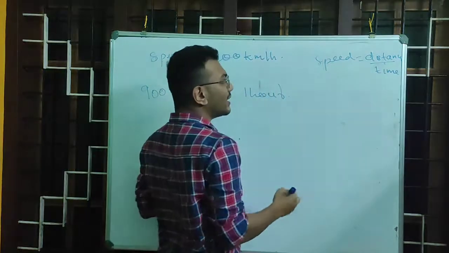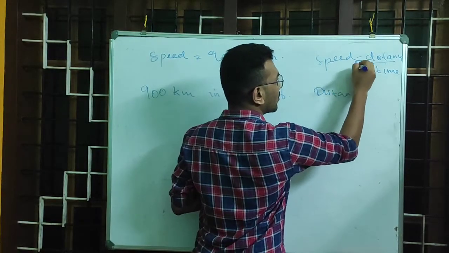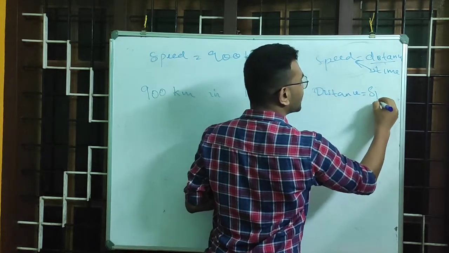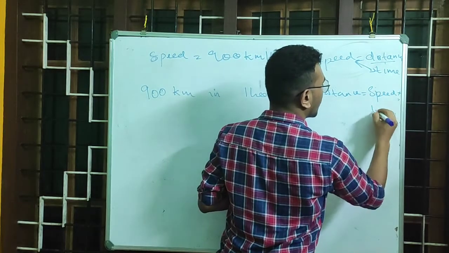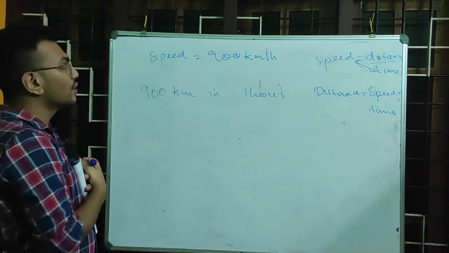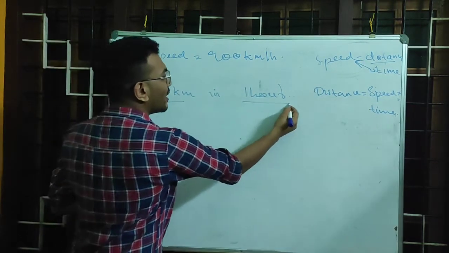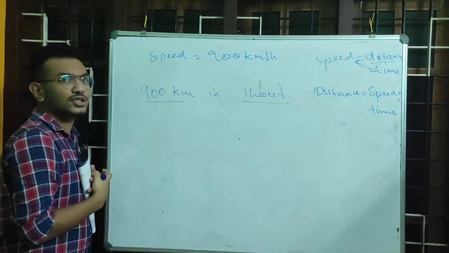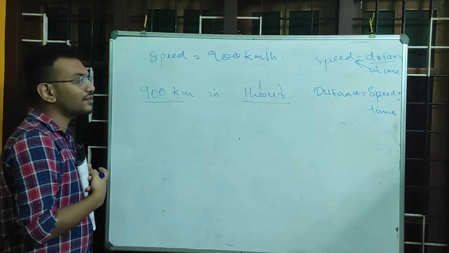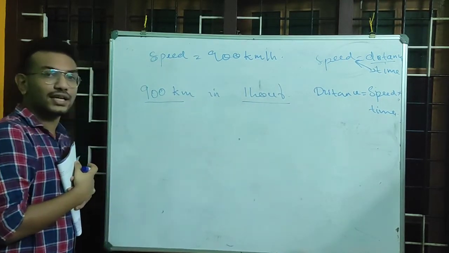So if you want to find distance, what would it be? You want to cross multiply, that is speed into time. But in a simple way we can write here. It travels 900 km in 1 hour. So how much distance would it travel in 5 hours? You have to multiply 900 by 5, isn't it?